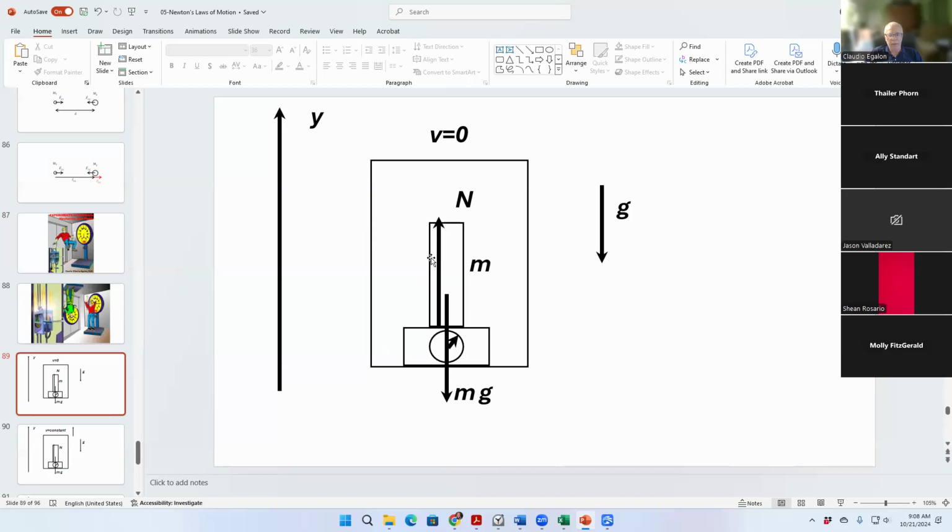And there's a very important piece of information that you must know. The scale is not a device that measures mass. Very important. A scale that we use does not measure mass. What our scale measures is the force that the scale is applying on us, exactly this normal force. That's what the scale measures.